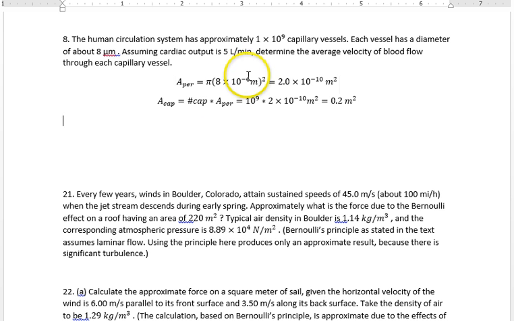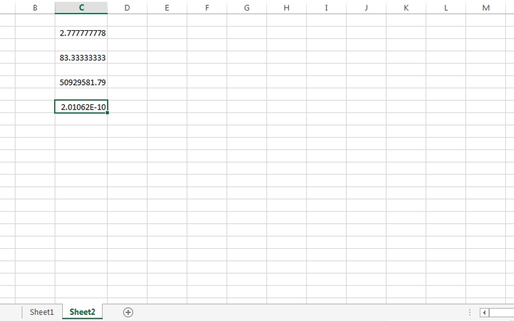I'm going to back up. I made a mistake. That's a diameter of 8, which means this is a 4 and not an 8, so I change that 8 to a 4.